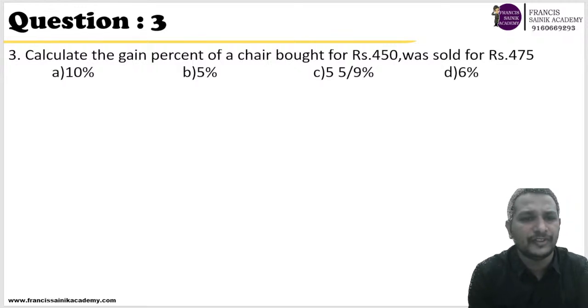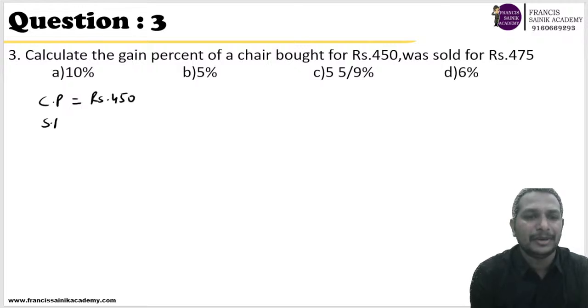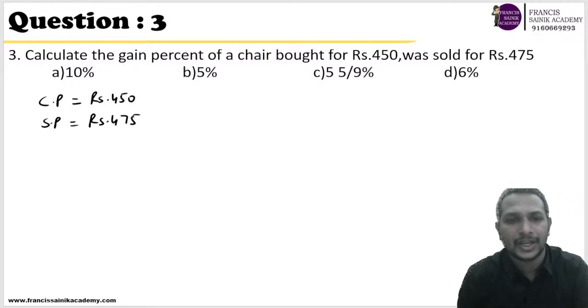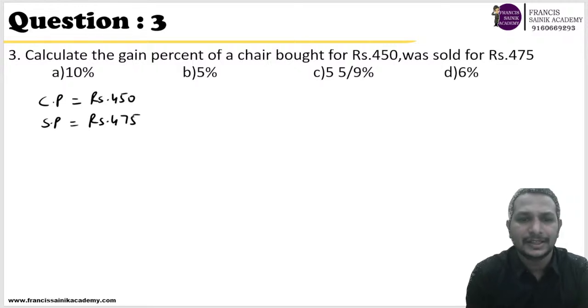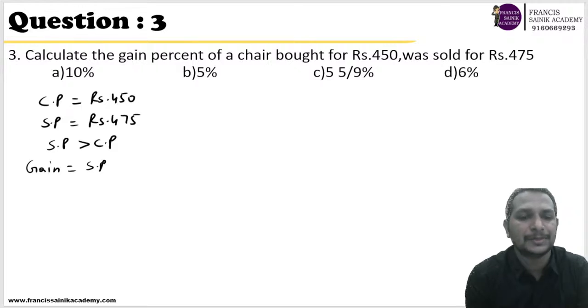The cost price is 450 and the selling price is 475. They're asking for the gain percentage. Selling price is greater than cost price, so he got a gain. The gain is selling price minus cost price, 475 minus 450, which is 25.